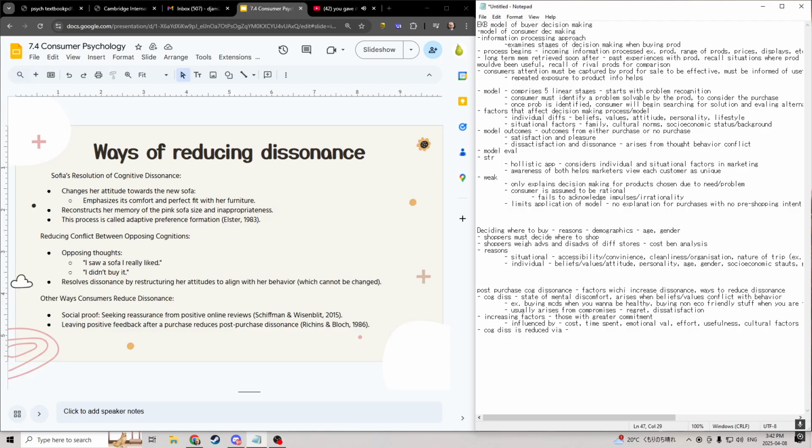Sophia's resolution of cognitive dissonance changes her attitudes, something called adaptive preference formation. So you just change your opinion. You just delude yourself. Reducing conflict between opposing thoughts. I saw a sofa I really liked, I didn't buy it. Resolves dissonance by restructuring her attitudes to align with her behavior.